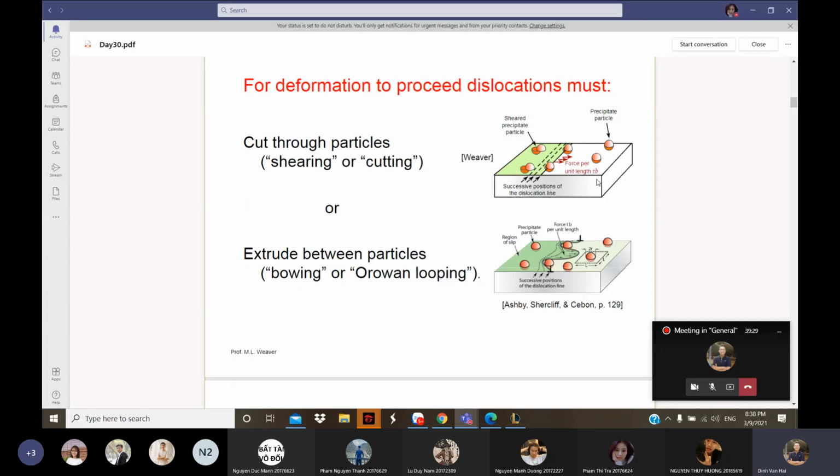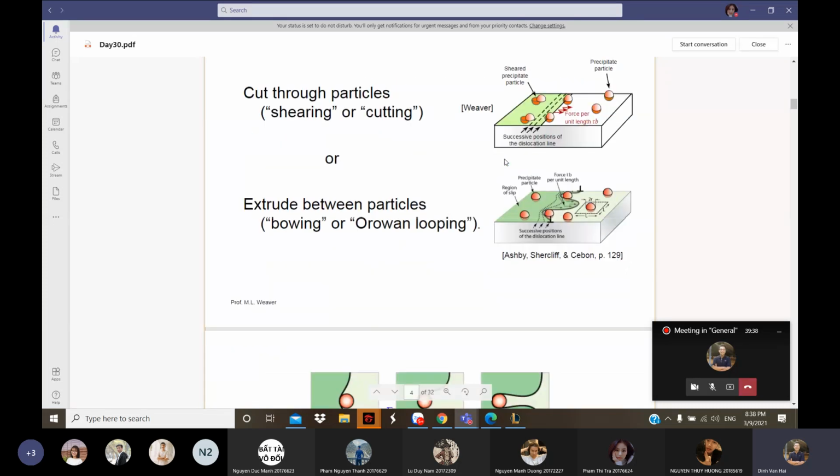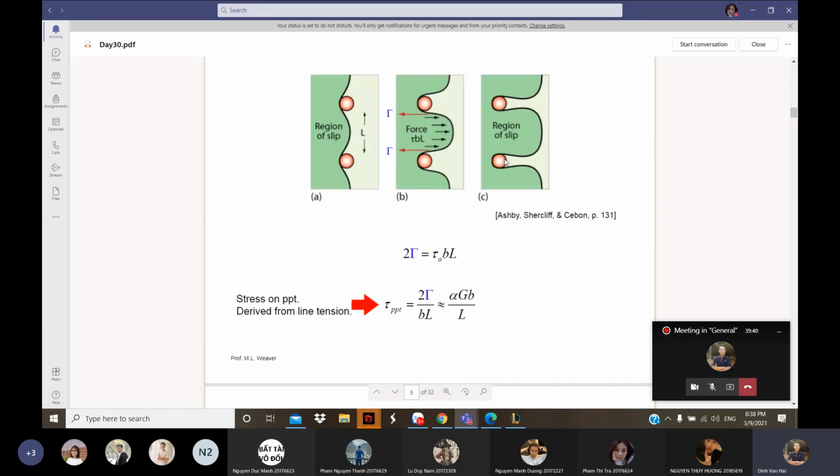So they also propose some equations to calculate the shear stress in this case. In the equation in the next slide, we can see the shear modulus, and also the Burgers vector, and L is the distance between two particles.